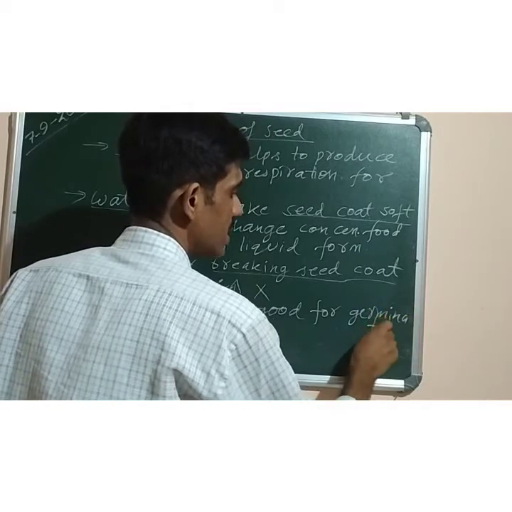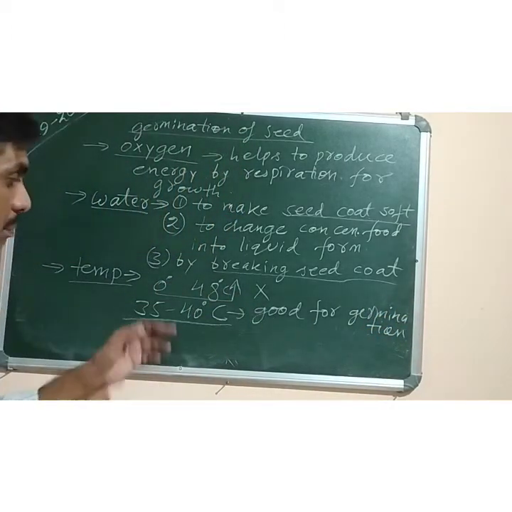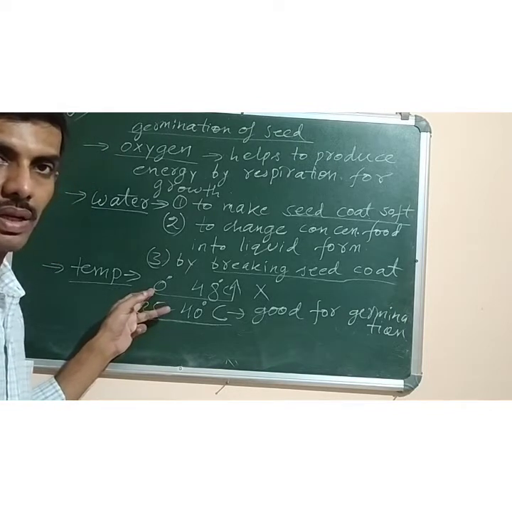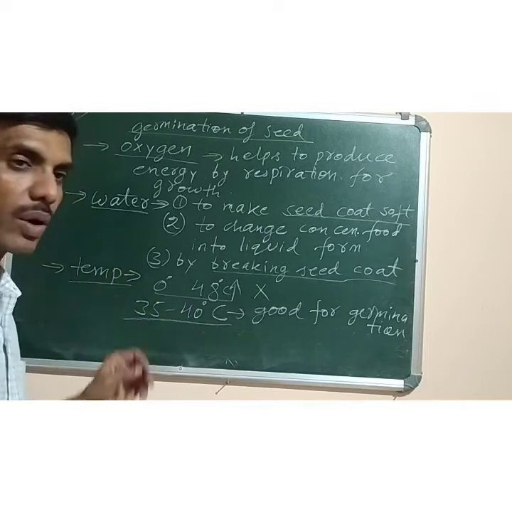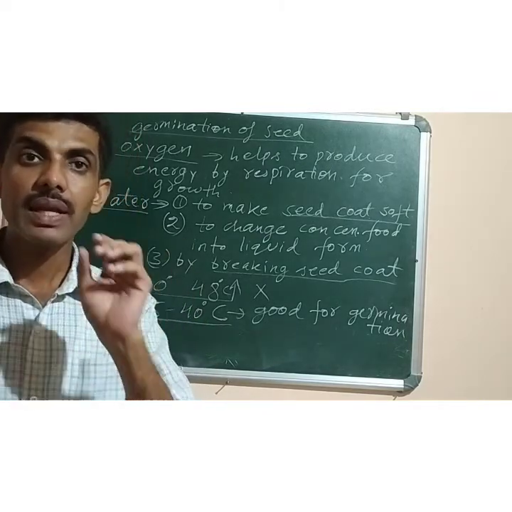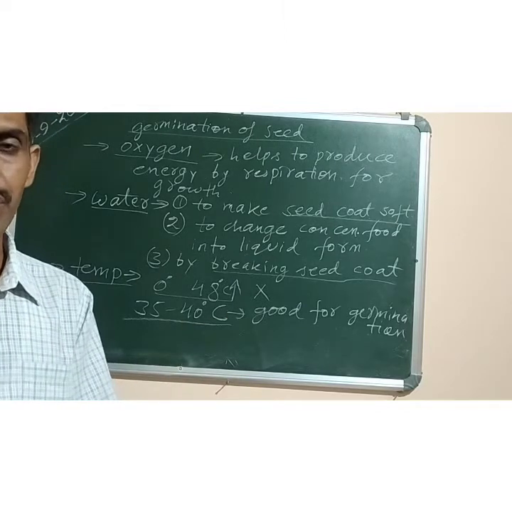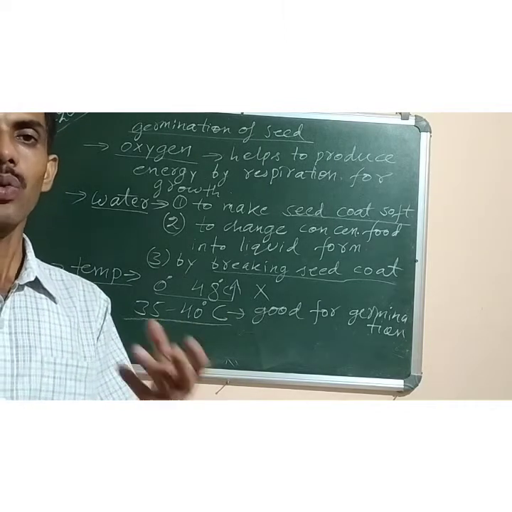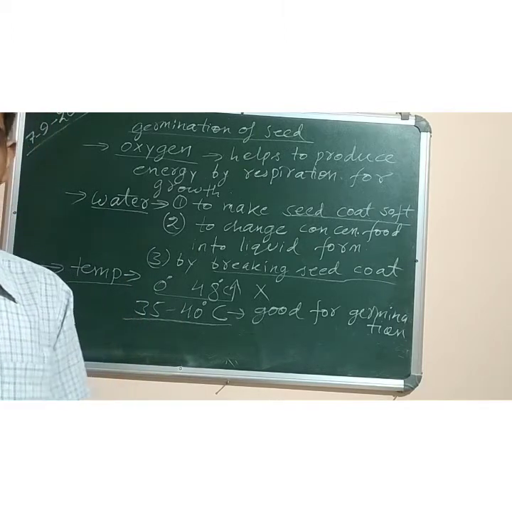Okay, now the reason is why higher or lower temperature is not suitable for seed germination. One by one I will say: at a lower temperature the enzymes are inactive, they will not work properly, and for the process of germination respiration is required, which is an enzyme catalyzed reaction in which enzymes are needed.